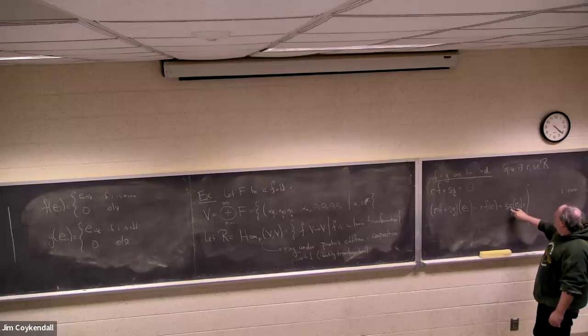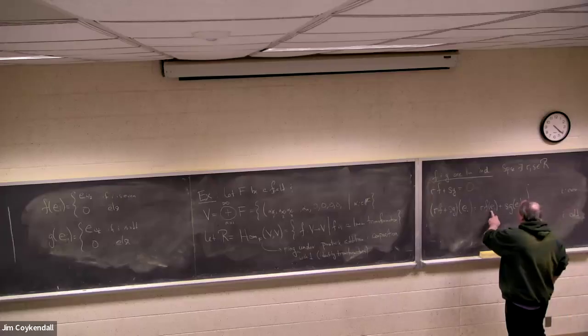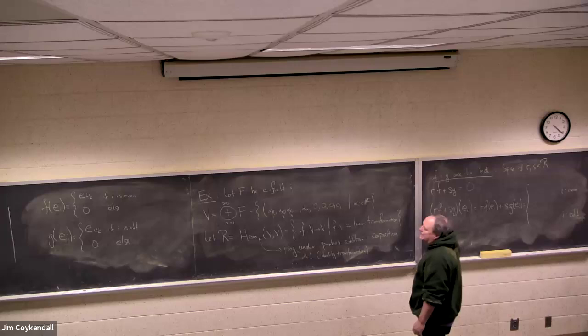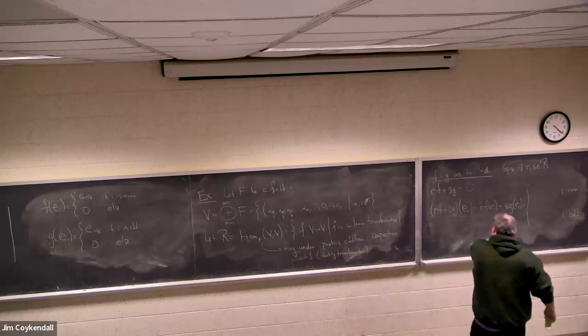Well, if i is even, then G is 0, so this is gone. And this becomes F of E_i, which is E_(i/2).